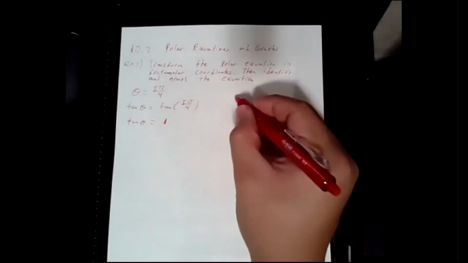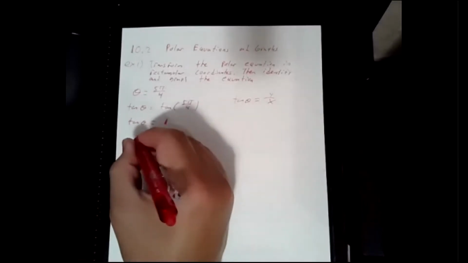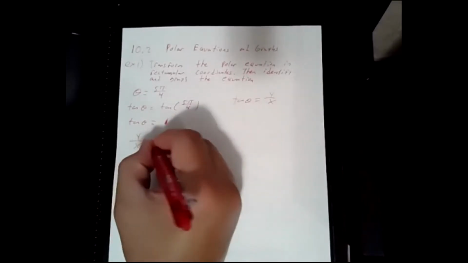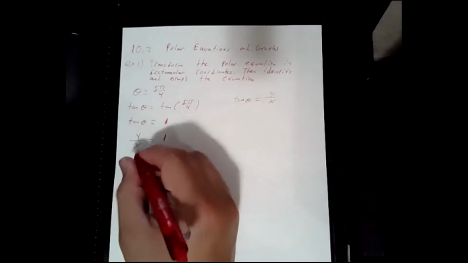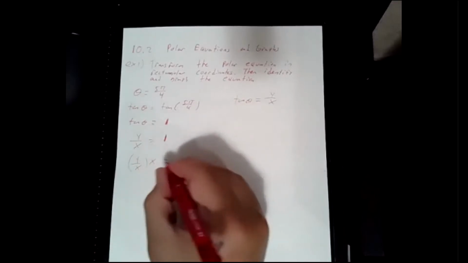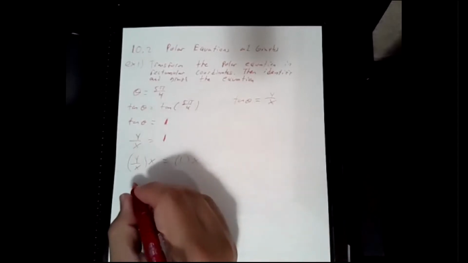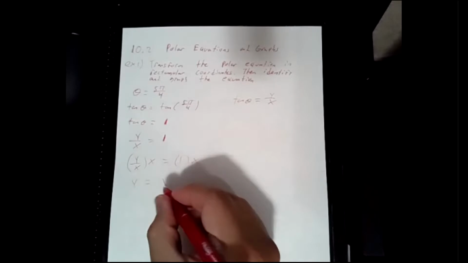And then remember, tangent is defined as y over x. So this would be really y over x equal to 1. So we'll solve for y, and we get y equal to x.